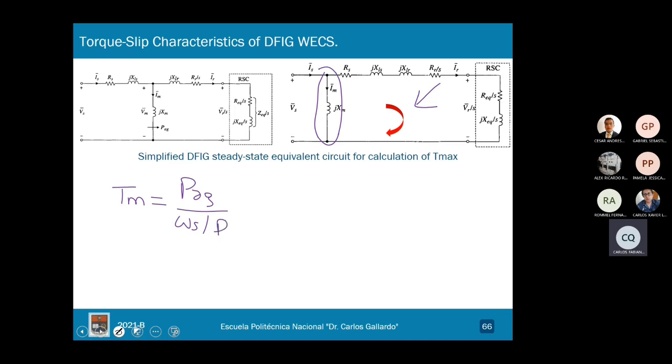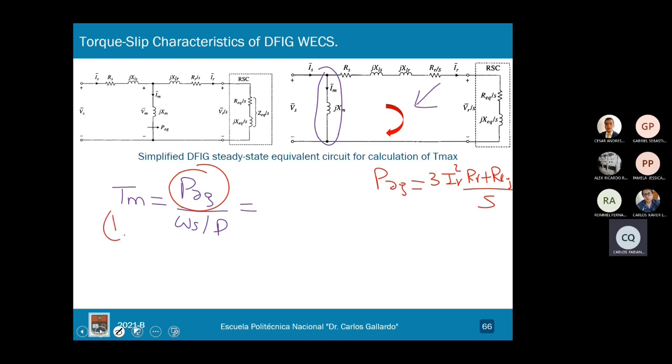Therefore, in order to compute the air gap power, do you remember from the induction machine course, by definition this is equal to 3 times the rotor current squared, times the rotor resistance plus the equivalent resistance over the slip.